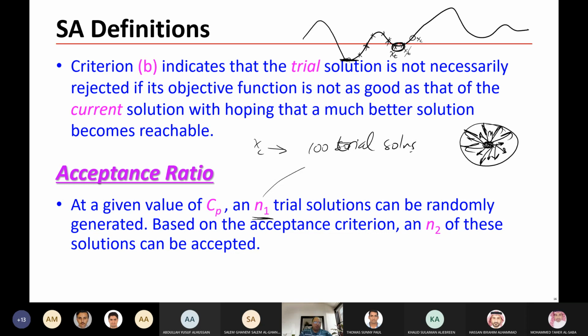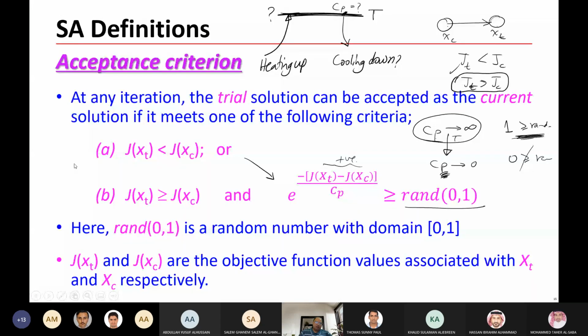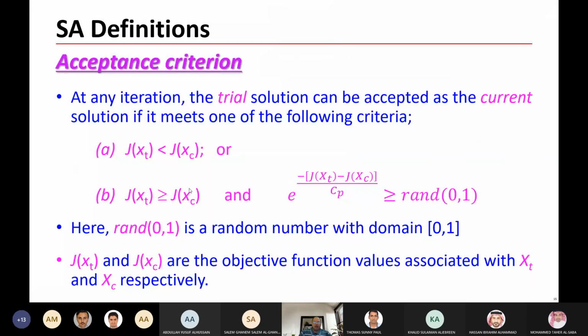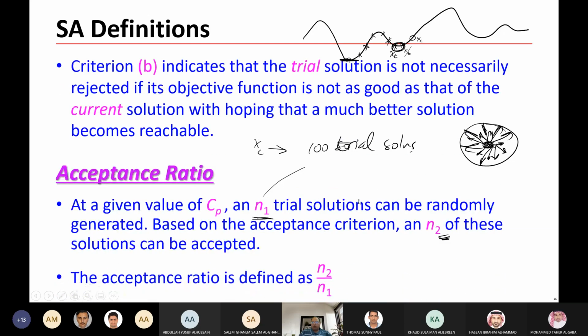N1 is the number of trial solutions randomly generated, and N2 of these solutions are accepted. You check the acceptance criteria that we have here and count how many solutions will be accepted. The acceptance ratio is defined as N2, the number of accepted solutions, over N1, the number of trial solutions generated.